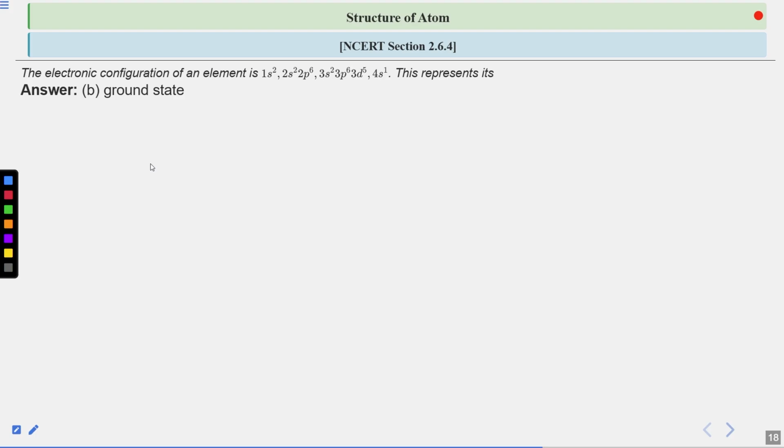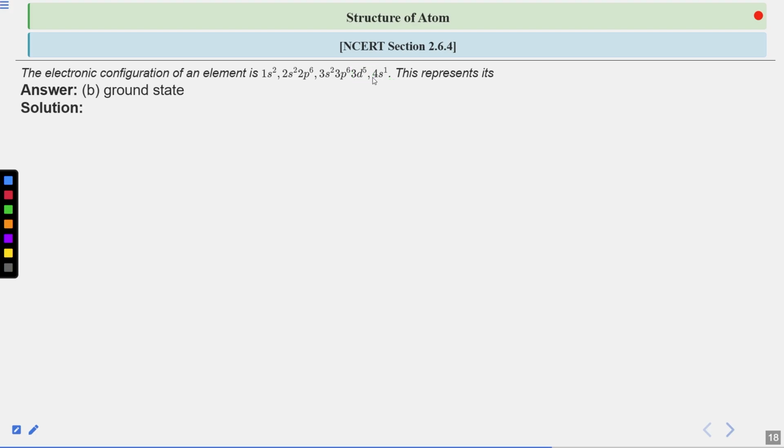So instead of filling the d orbital fully, we have moved the 6th electron, which should come to the d, to the 4s. Why? Because half-filled d orbitals are very stable, since they have a higher chance of exchanging their positions. Therefore, they have more exchange energy. Hence this is a ground state and not an excited one.